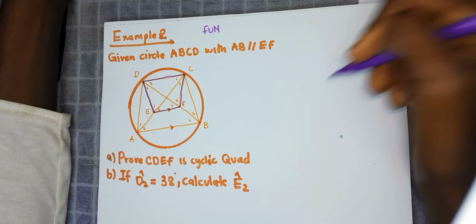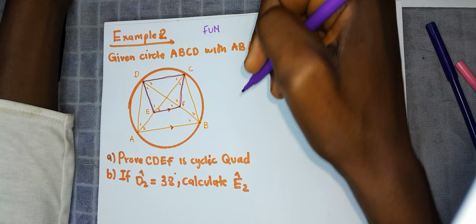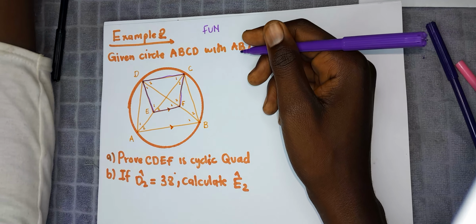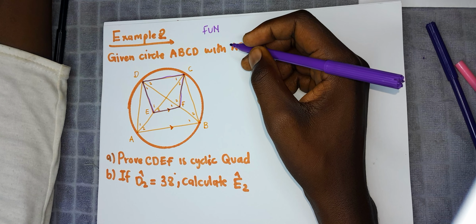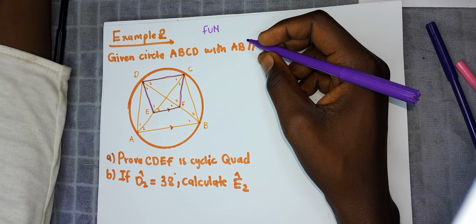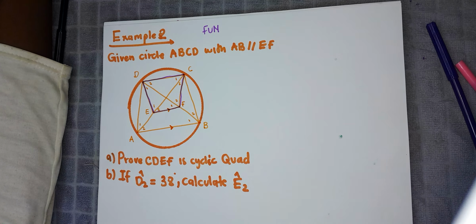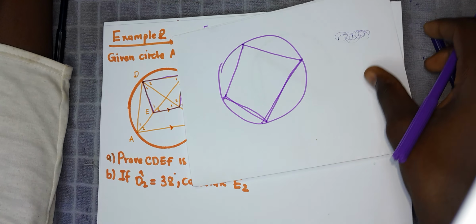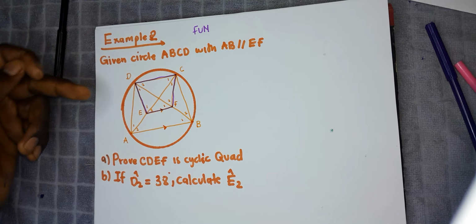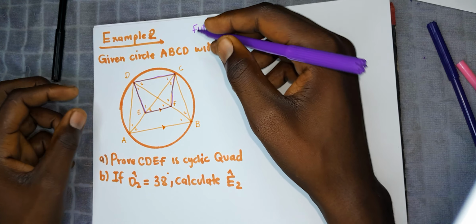We're going to prove to see if this is a cyclic quadrilateral or not. Sometimes they're not going to give you a cyclic quadrilateral with 4 points on the circle. Sometimes they're going to say something like this one. So you just have to prove.